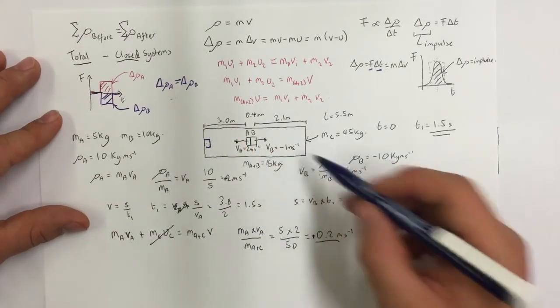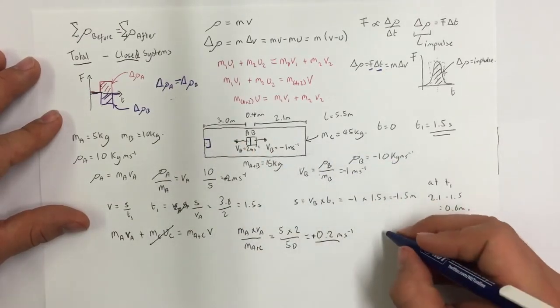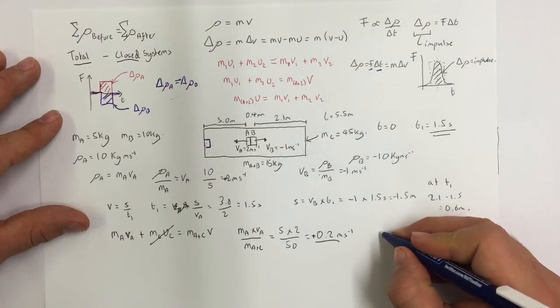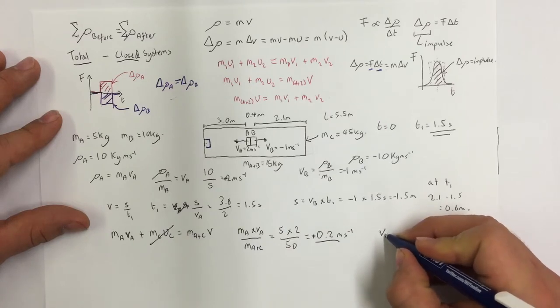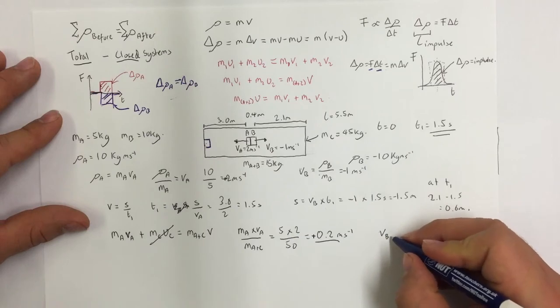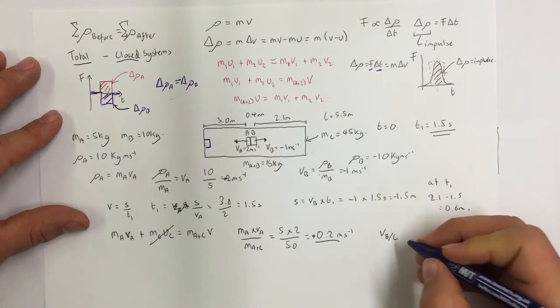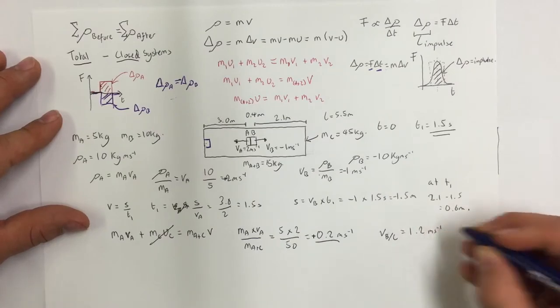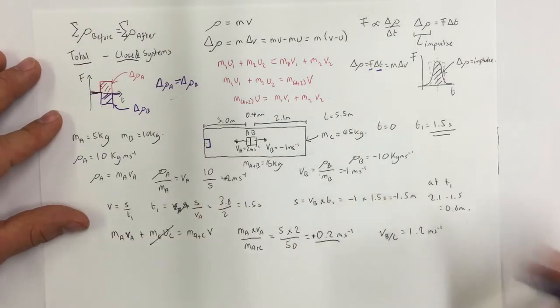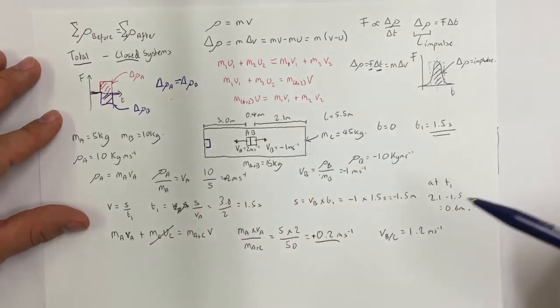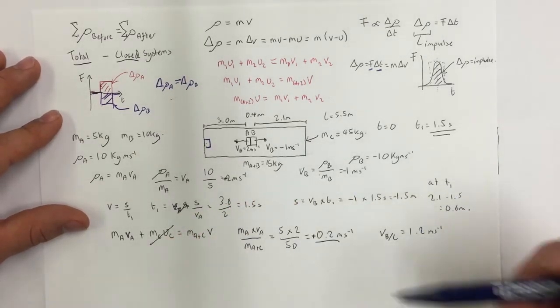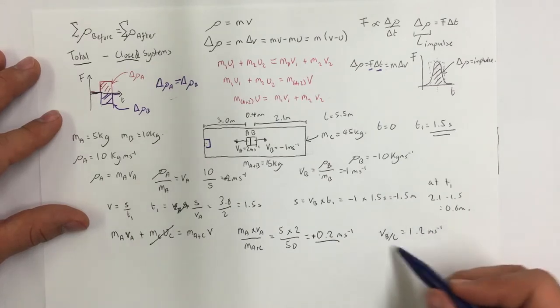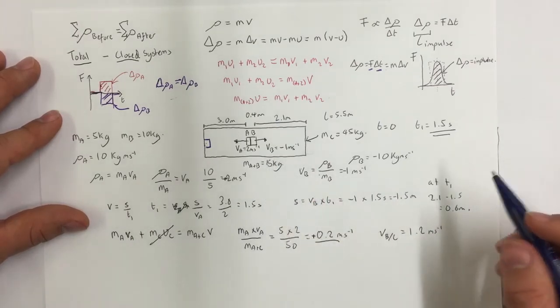So the difference in speed, the velocity of B compared to the container, is going to be 1.2 meters per second, because it's going -1 in that direction and the container's going 0.2 in the other direction, so the difference is 1.2. So that's the difference in the speed between B and C.